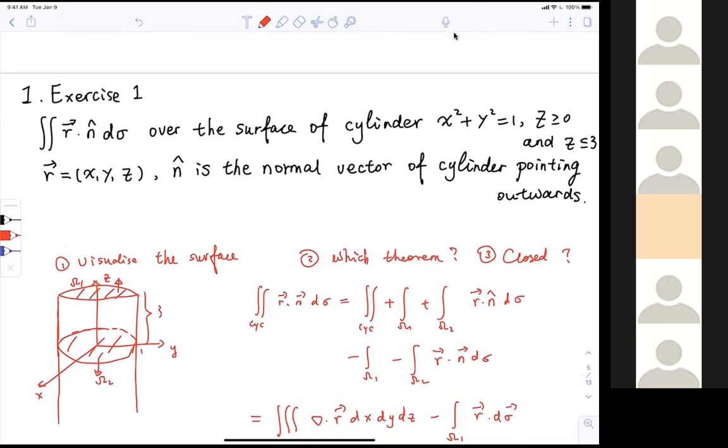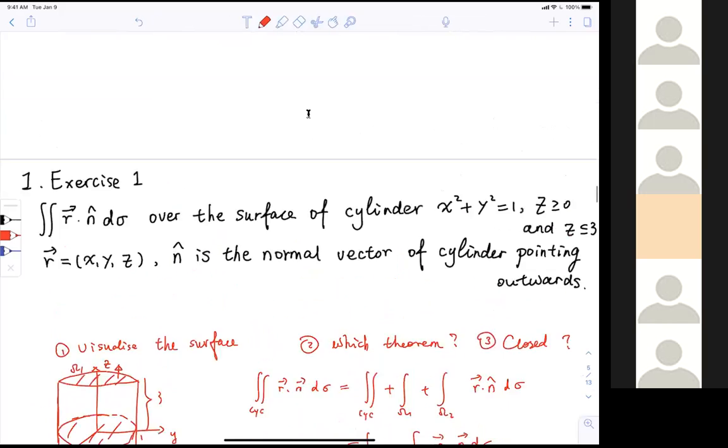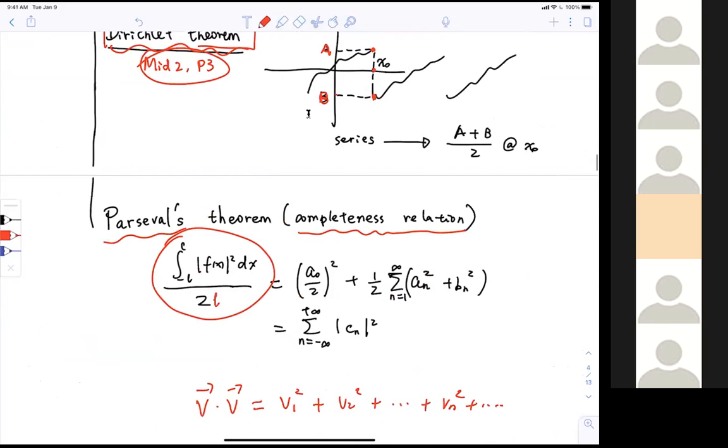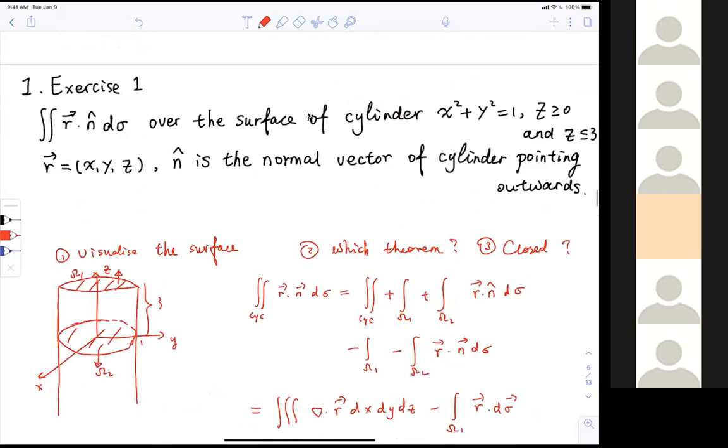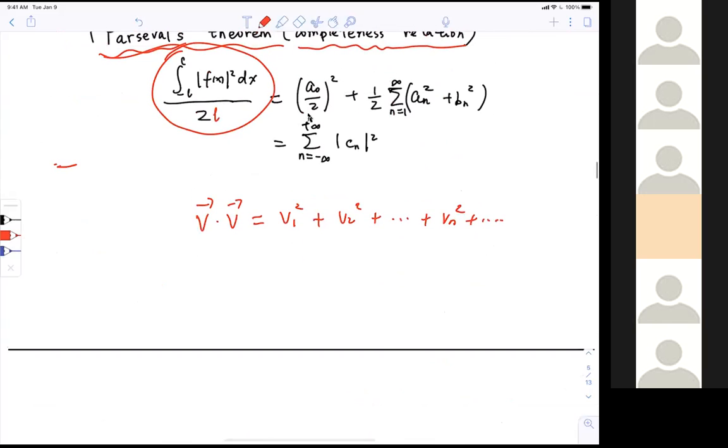Yeah, right, this theorem is usually used to evaluate this kind of sum, like n equal to naught to infinity, stuff like that.